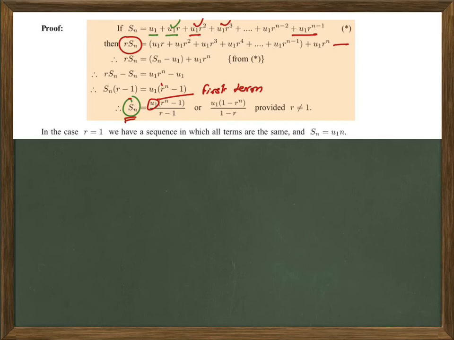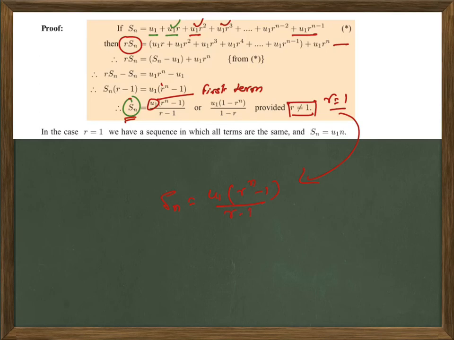In case of r equal to 1, we have a sequence in which all the terms are the same. So here we have mentioned r should not be equal to 1, because if you make r equal to 1, what will happen? We have Sn equal to u1 into (r to the power n minus 1) by (r minus 1).